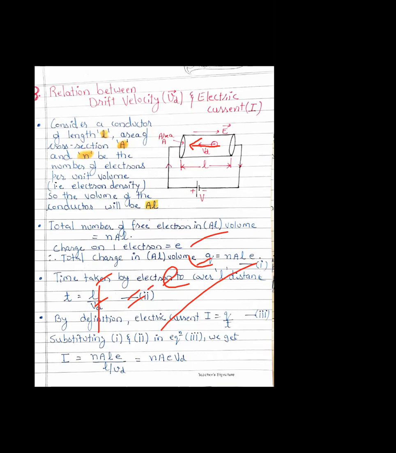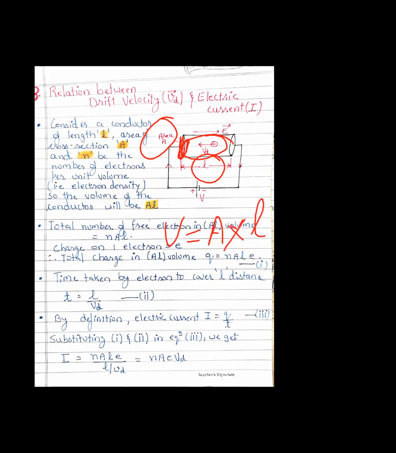Now the area of cross section is A and the length of the conductor is L. If I want to know the volume of the conductor, the volume will be A into L. This is the volume of the conductor.